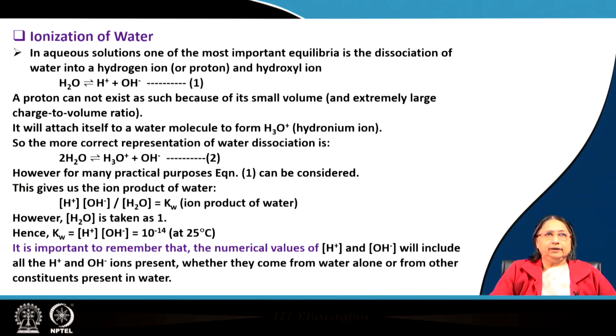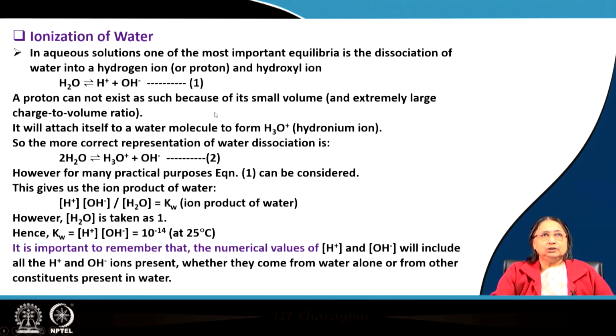Now, regarding the ionization of water, this has been explained in the acid base chapter, and it is written here again just to recapitulate that in aqueous solution the most important equilibrium is the dissociation of water into H plus ion and OH minus ion. We all know that a proton cannot exist freely because it has a very small volume, so it has an extremely large charge to volume ratio.